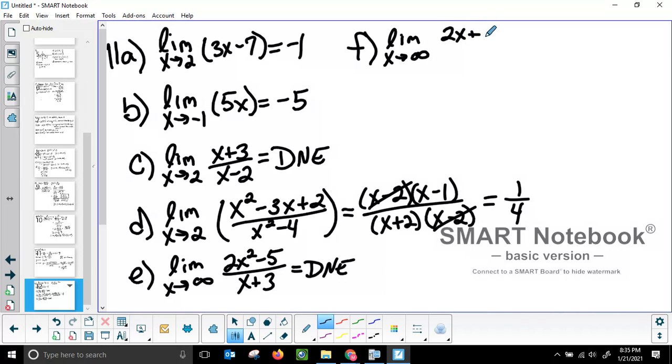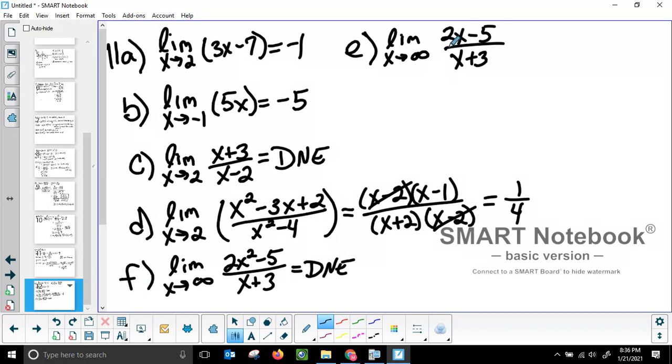This will be 2x minus 5 all over x plus 3. So just so there's no confusion, this is going to be E, and this was F.